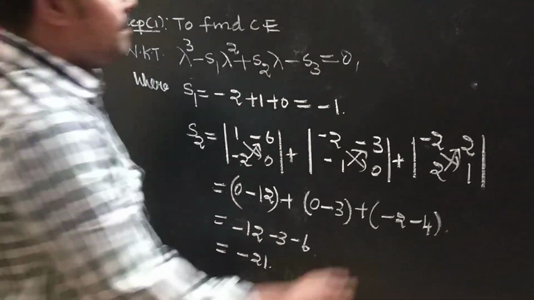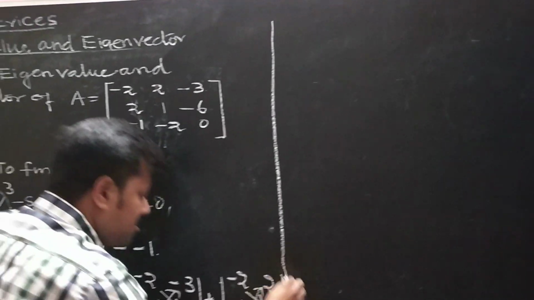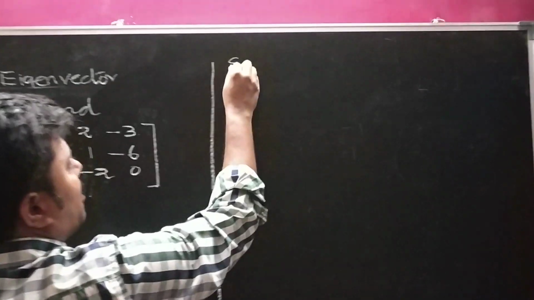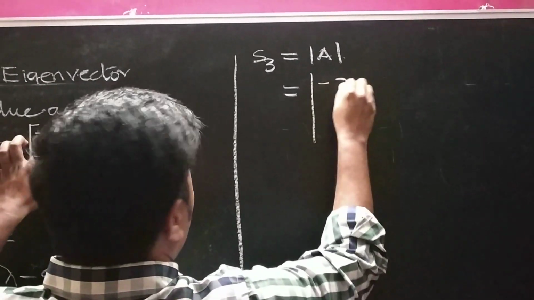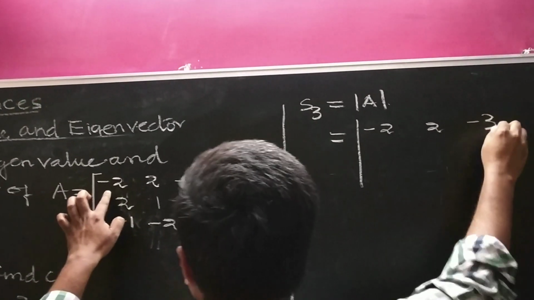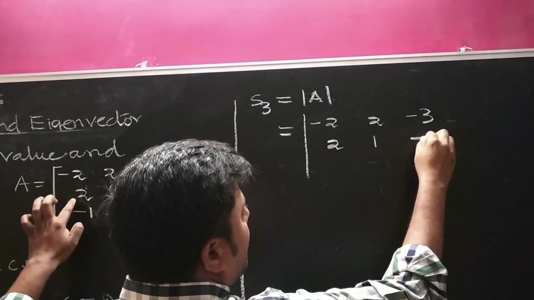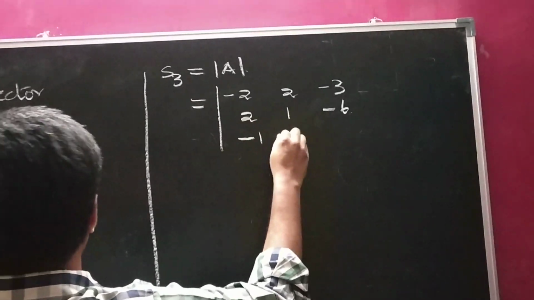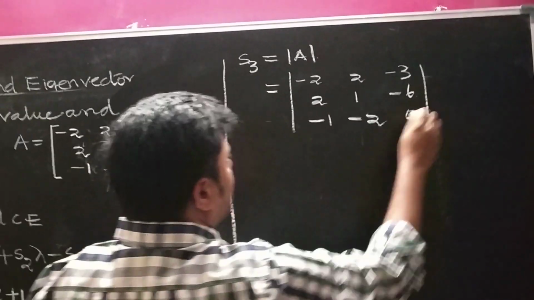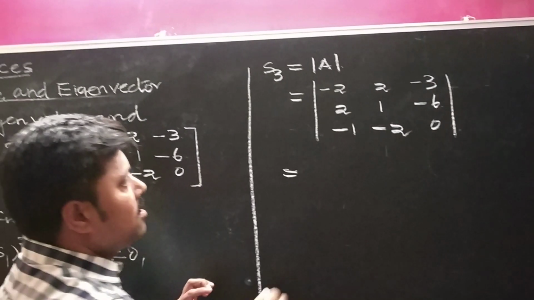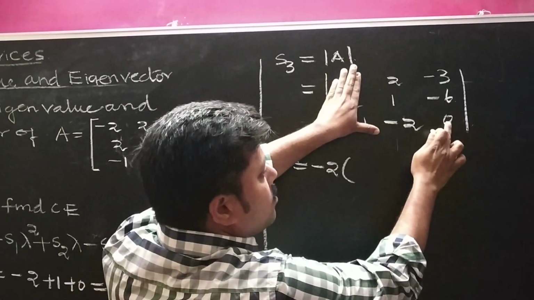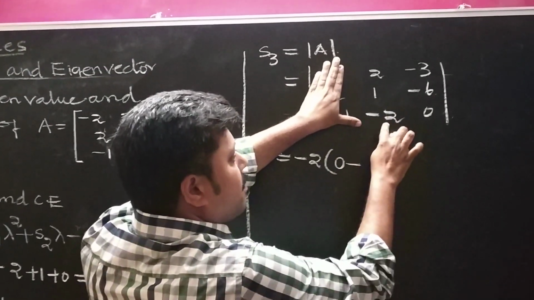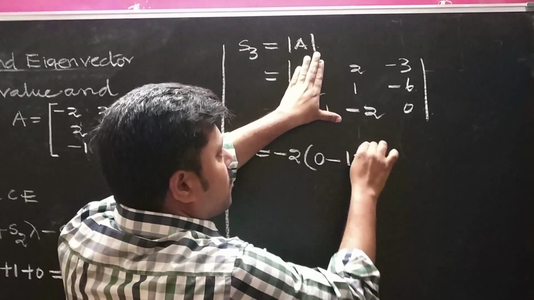And then find S3. What is S3? S3 is the determinant of A. What is the given matrix A? Minus 2, 2, minus 3, 2, 1, minus 6, minus 1, minus 2, 0. So by determinant expansion, first A1,1 is minus 2, times 1 into 0, 0 minus minus 2 into minus 6, which is plus 12.